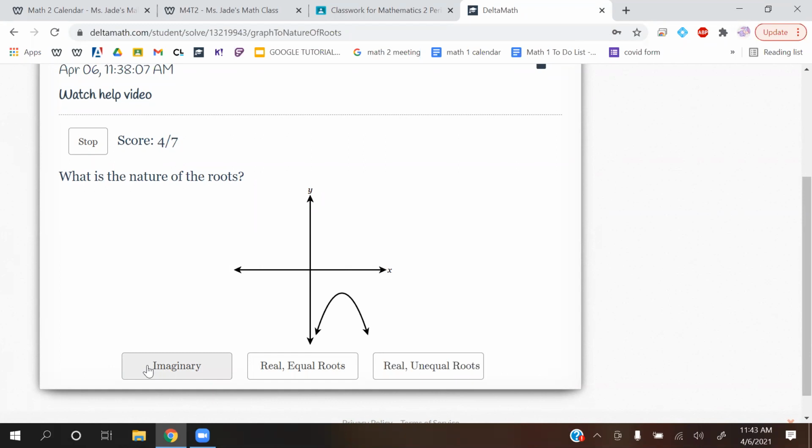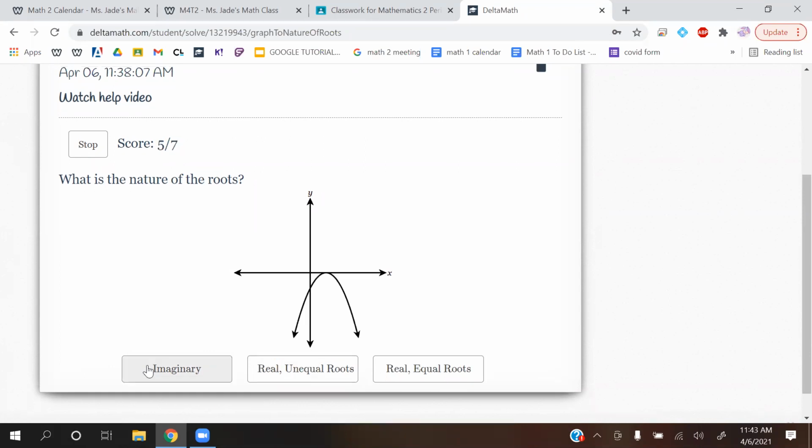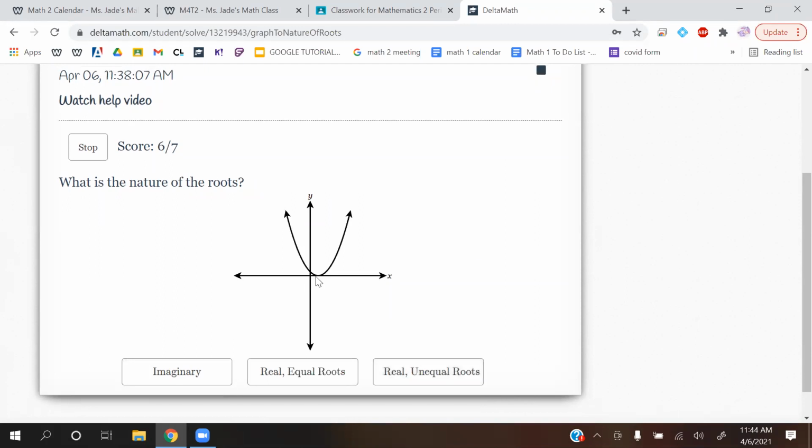Therefore, it has to be imaginary. This one is touching it just one time. And so even though it touches the y-axis, we don't care about that. We only care about the x-axis. It touches it once, therefore you have real equal roots. And this one touches it once. We have real equal roots again.